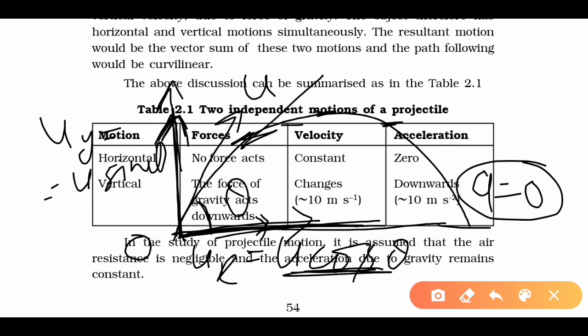Here the velocity will be in this direction, here in this direction, and here in this direction. So velocity will change over every point, so acceleration will also change, and the value of acceleration will be minus g.